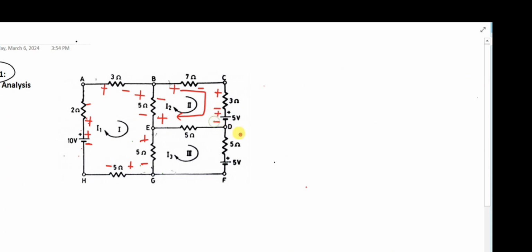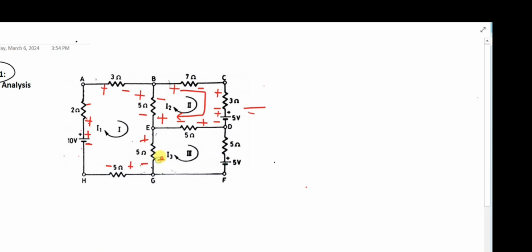So this one, the longer terminal, will always be positive, and this shorter one will be negative, so plus to minus. Similarly here will be plus, minus. Once this is done, let's move to the third mesh.